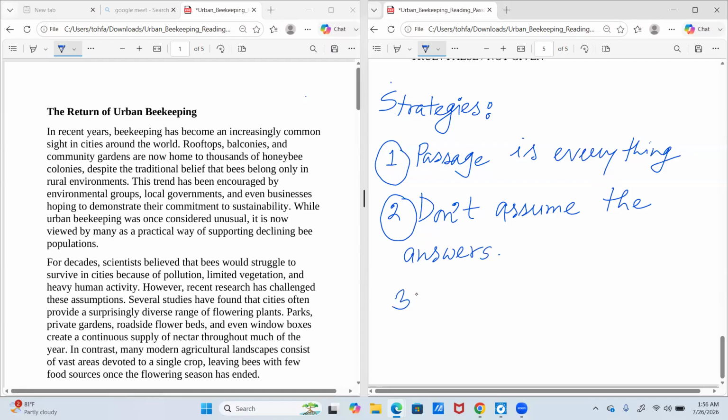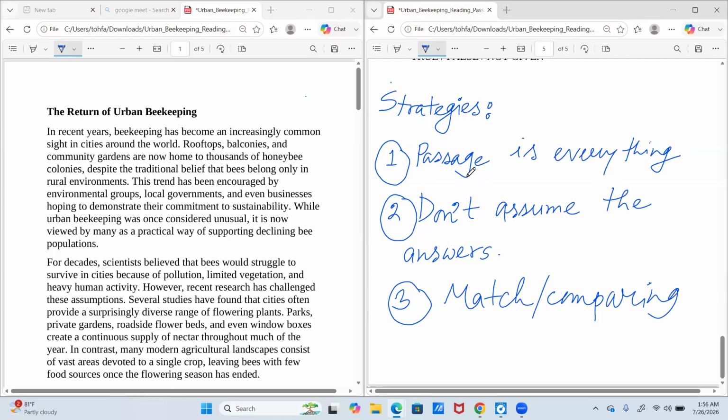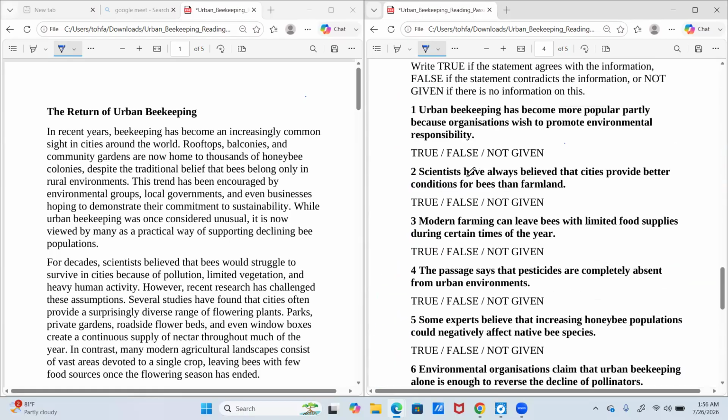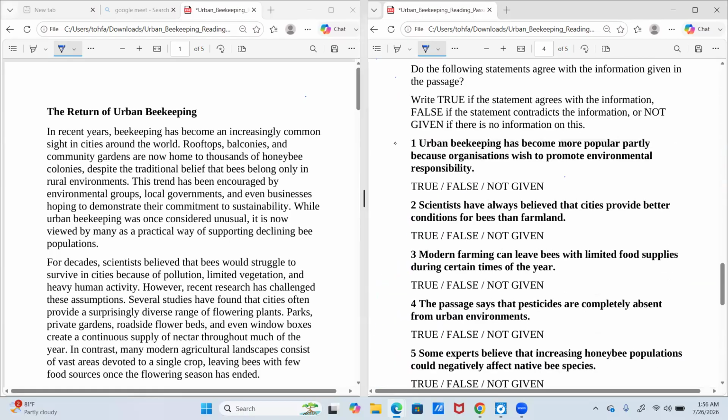And the third one is that for this type of questions, we will be matching or comparing the statements. So which ones are the statements? These are the questions, or these also can be stated as the statements, and this is our passage.